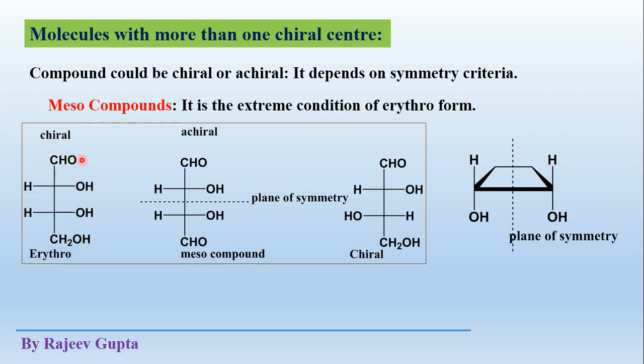But when these both terminal groups are the same in an erythro compound, meaning it is an extreme condition of erythro, then this compound becomes achiral due to the presence of a plane of symmetry. See, here this top half portion is just a mirror image of this bottom half portion. So in the meso compound there are two chiral centers present. In this erythro there are two chiral centers, in meso also there are two chiral centers.